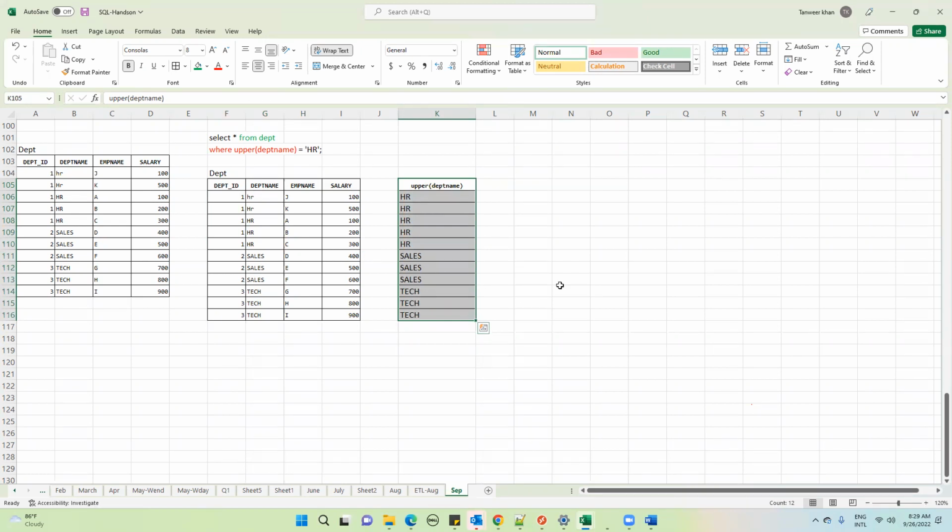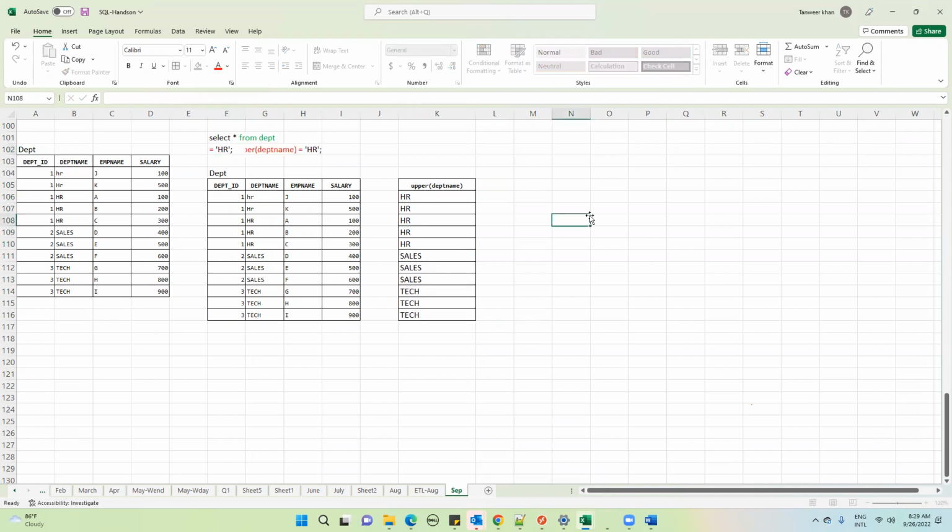Now, WHERE UPPER(department): SQL has converted department name to uppercase separately. It has not touched your original data. Now, after UPPER(department), you have written equals.